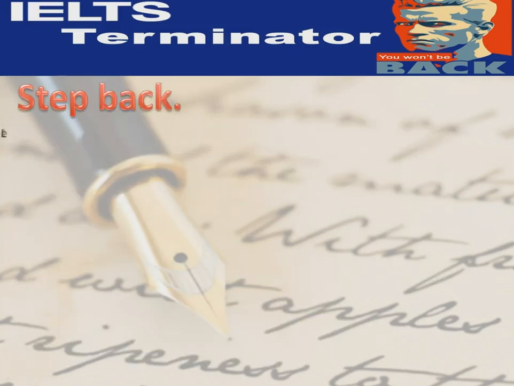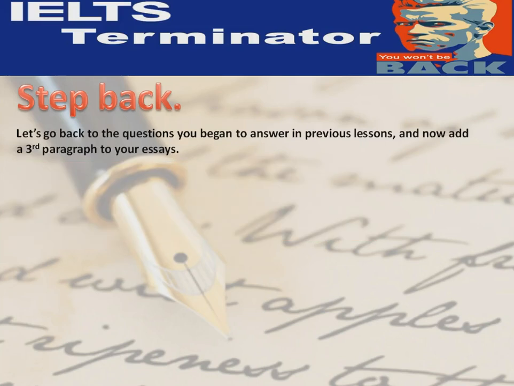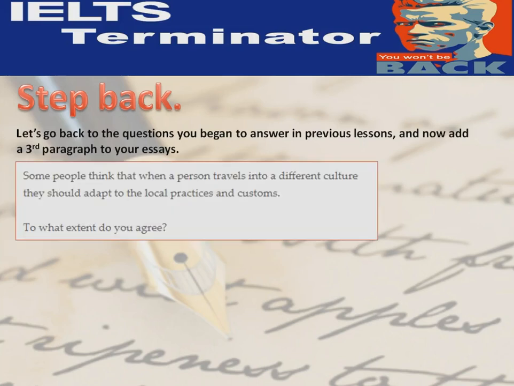So let's step back a bit. Let's go back to the questions you began to answer in the previous lessons and now add a third paragraph to these essays. Here they are again. Some people think that when a person travels into a different culture, they should adapt to the local practices and customs. To what extent do you agree?